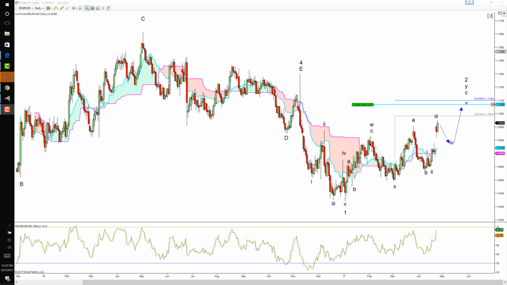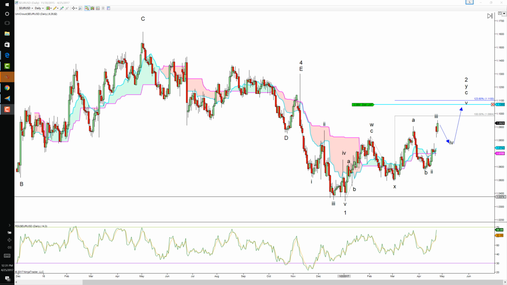I'm starting with my daily Euro, and I want to point out something because this actually can be a potential short setup. Currently, I have the wave E ended here, which I showed a couple days ago at 11300.